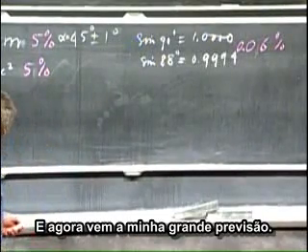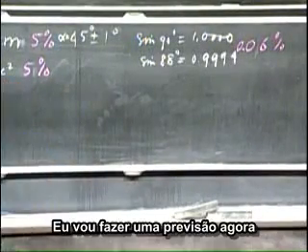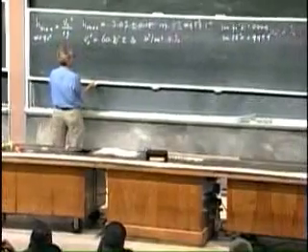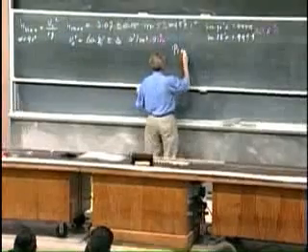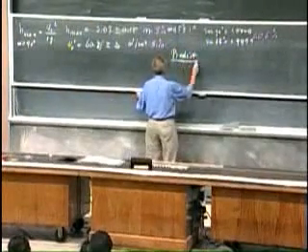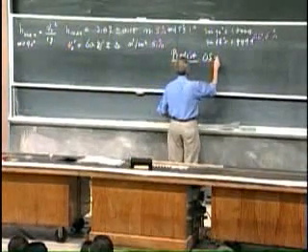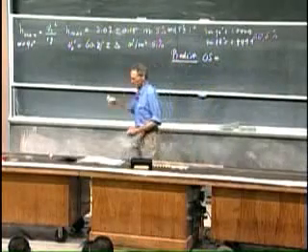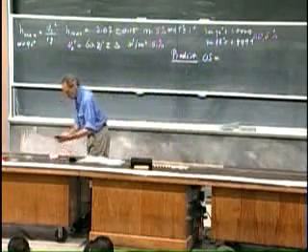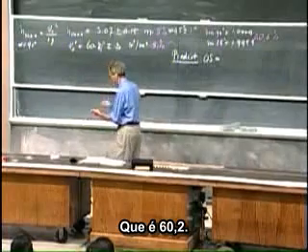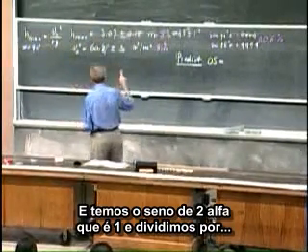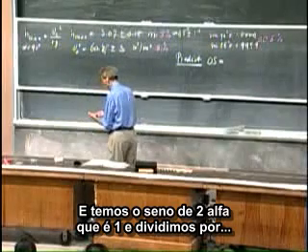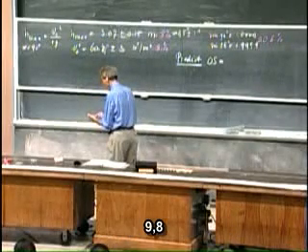And so now comes my big prediction. I'm going to make a prediction now. For 45 degrees, that OS equals V0 squared. We have that is 60.2. And we have the sine of 2 alpha is 1, and we divide by 9.8.